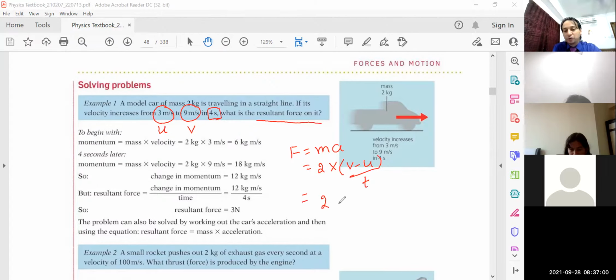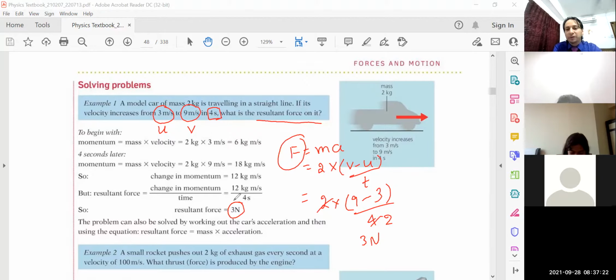So 2 into v, what is v? Final velocity 9, minus u, initial 3, divided by the time duration given, 4. If you do this calculation, 2 into 6 is 12, divided by 4, comes to be 3. And what is this 3? We have calculated force, so its unit should be Newton. So here we got the answer 3 Newton.